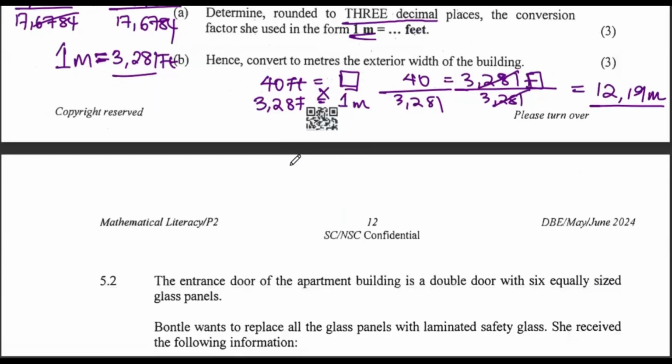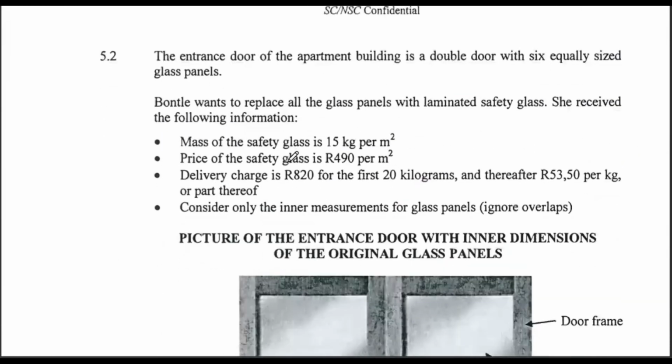Question 5.2. The entrance door of the apartment building is a double door with side equally sized glass panels.